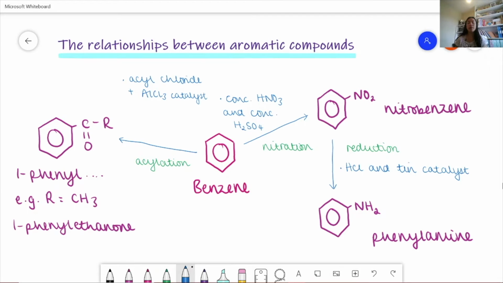And so if you remember back to when we were looking at the acylation of benzene, this is actually an electrophilic substitution reaction. And so we need the aluminium chloride catalyst to form the electrophile. So instead of using acyl chloride, we can also use an acid anhydride.